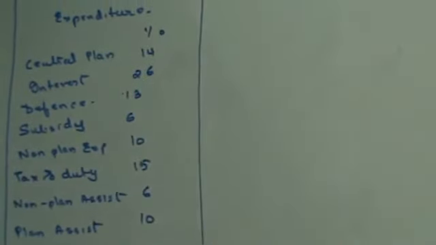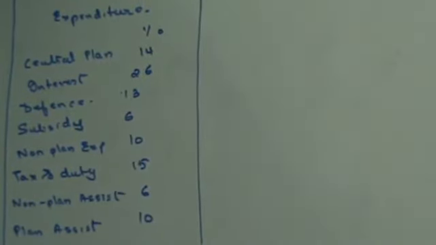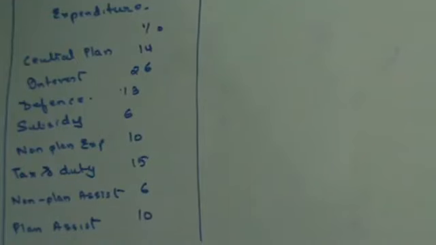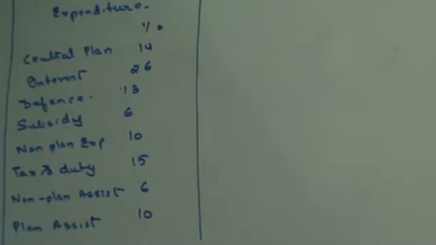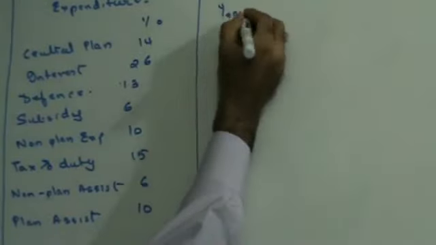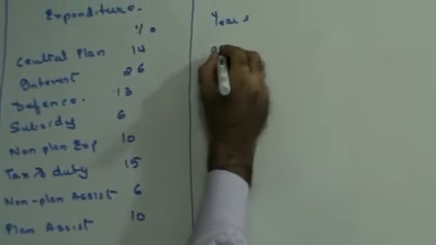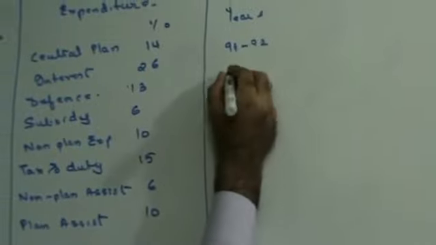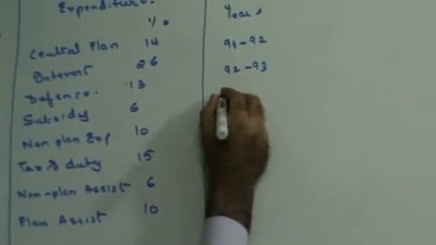That's my expenditure. Next, they give you data regarding the total revenue and total expenditure in different years. So years 91, 92, 92, 93, 93, 94, 94, 95, 95, 96.